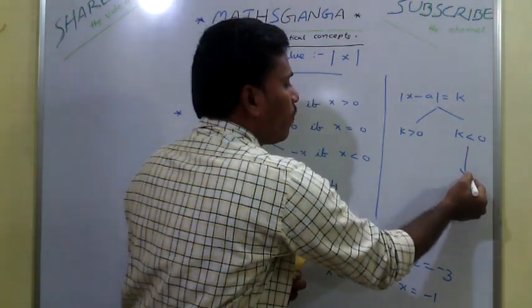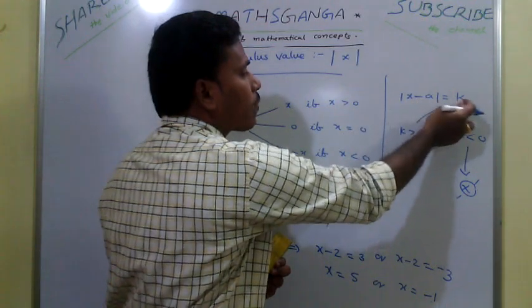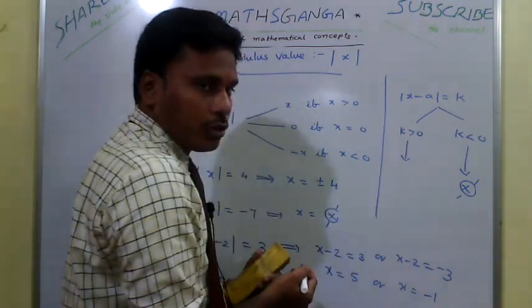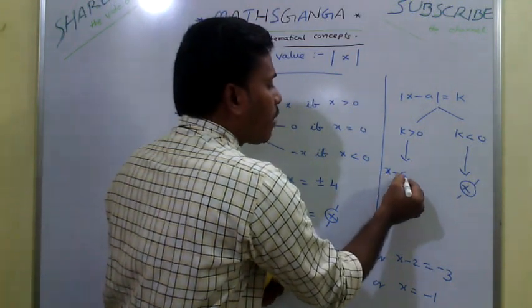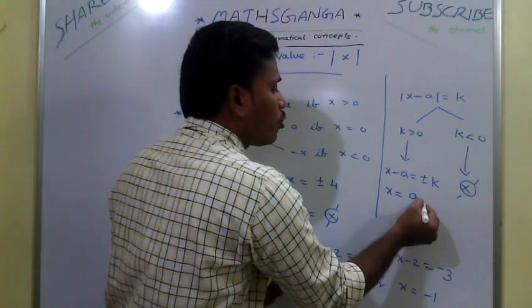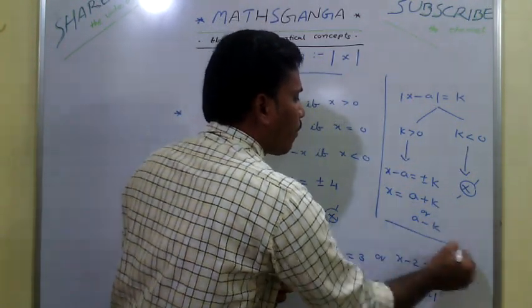So in this case, we don't have a solution for x. Whereas if k is positive, we have two solutions. We will write that x minus a is equal to plus or minus k, and x is equal to a plus k or a minus k.